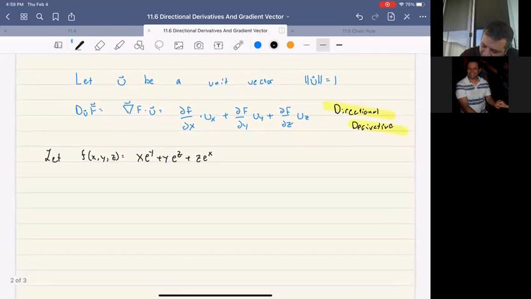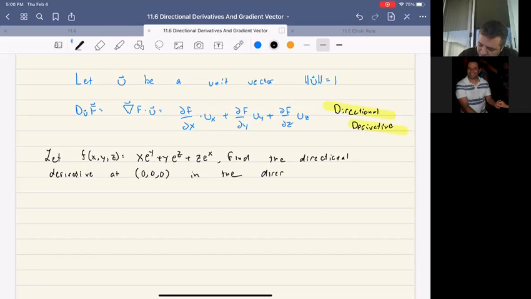Okay, and we're going to find the directional derivative at 0, 0, 0 in the direction of v equals 5, 1, negative 2.